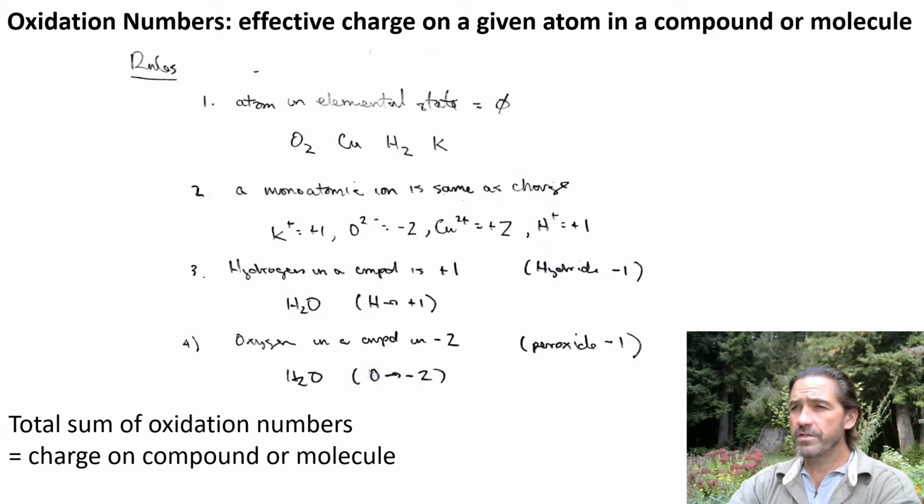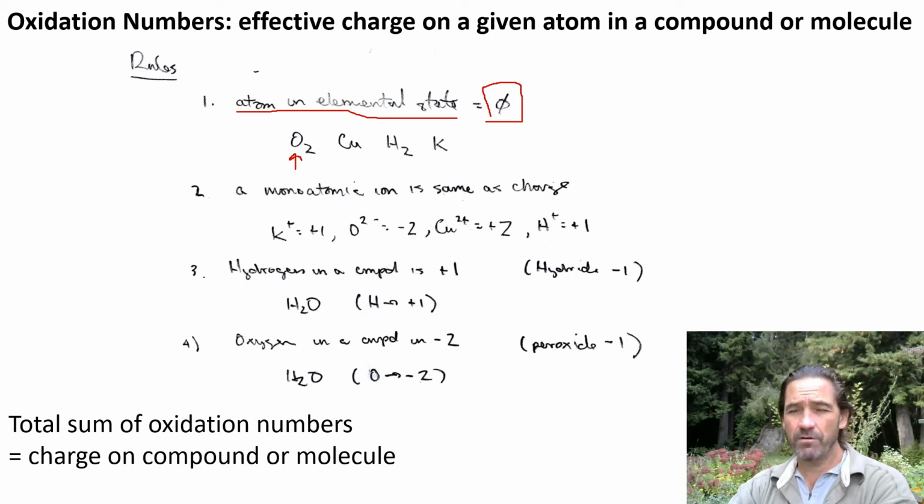First, atoms in the elemental state will have an oxidation number of 0. Here, both of these oxygens in O2 have an oxidation number of 0, effectively no charge. Same with copper metal or potassium metal, hydrogen gas.